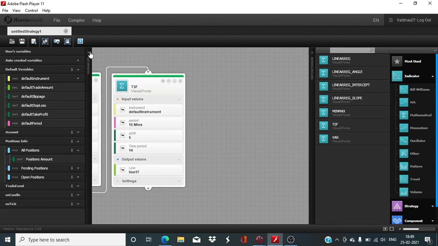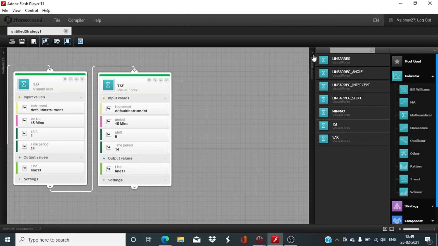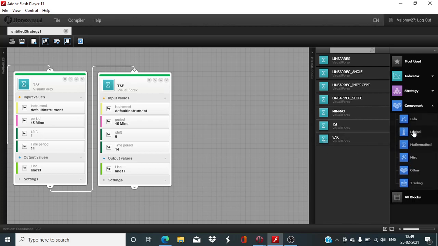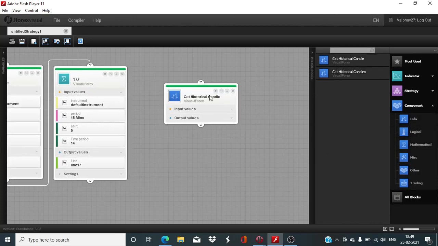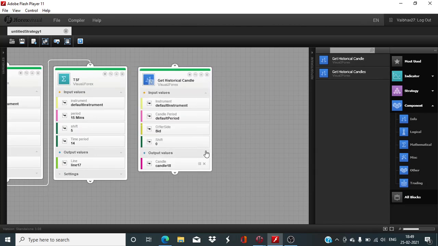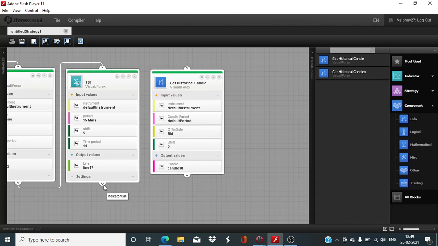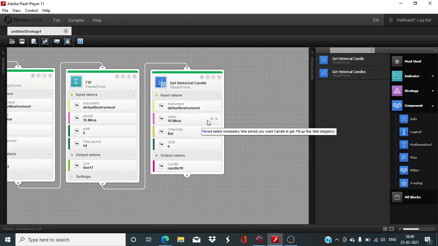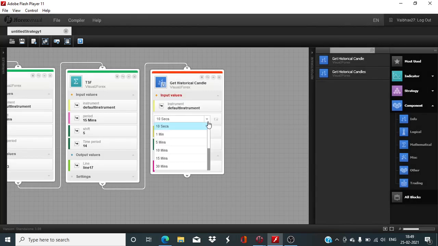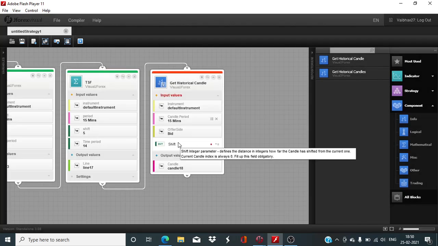Okay, now we need historical candles to look at the price action. We'll need 2 candles of 15 minutes each. Shift value of 1.